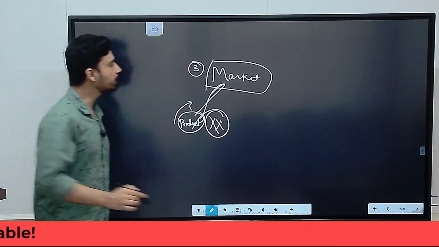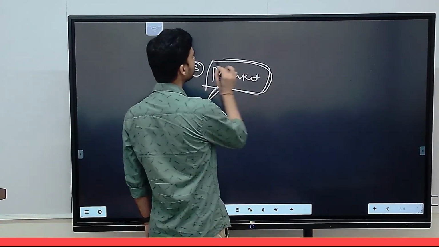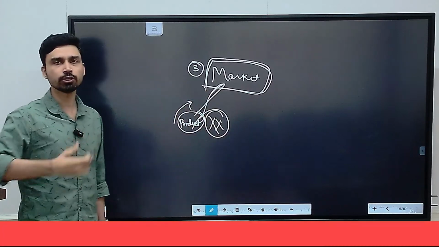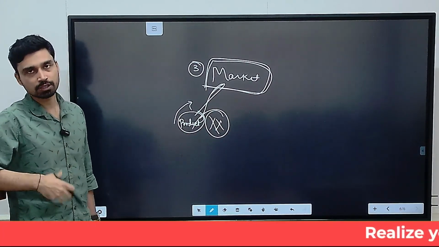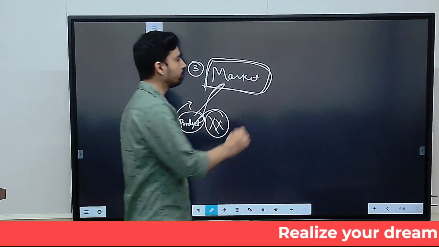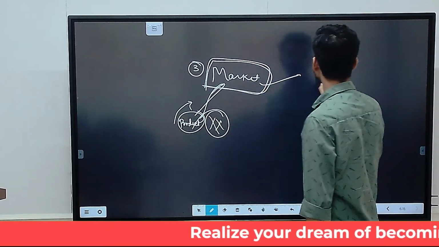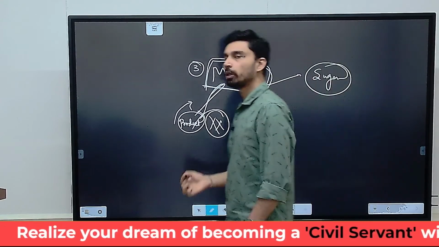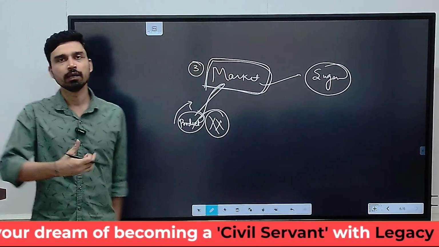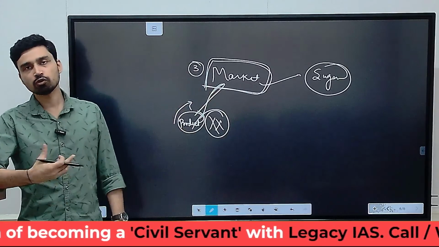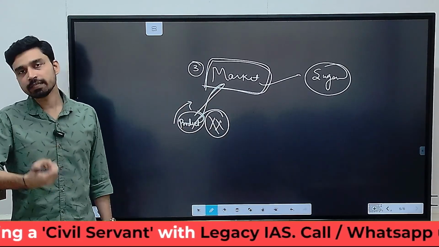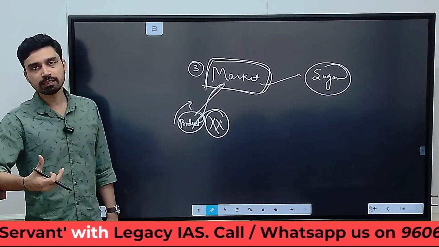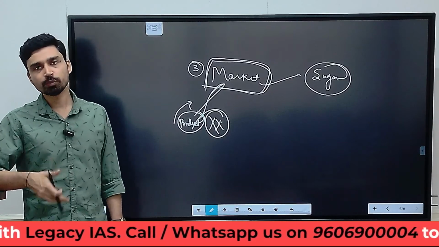Thus, the availability of market near to the site of production is very essential for the success of any industry. For example, if you talk about the sugar industry, why were most sugar industries situated in the northern part of India? Because northern India, because of its plain region, has the highest population density, and obviously sugar is something that is used by consumers directly.